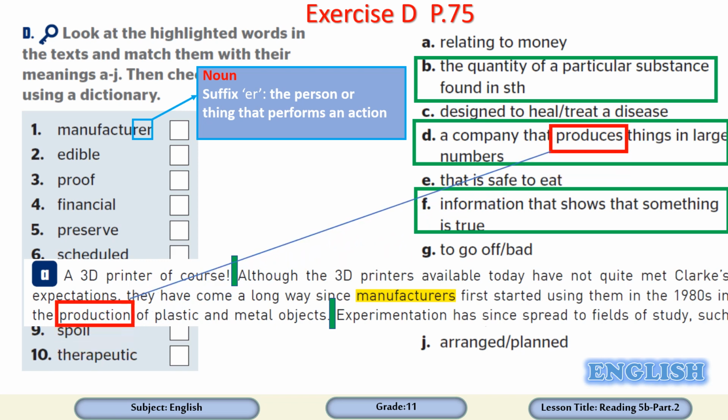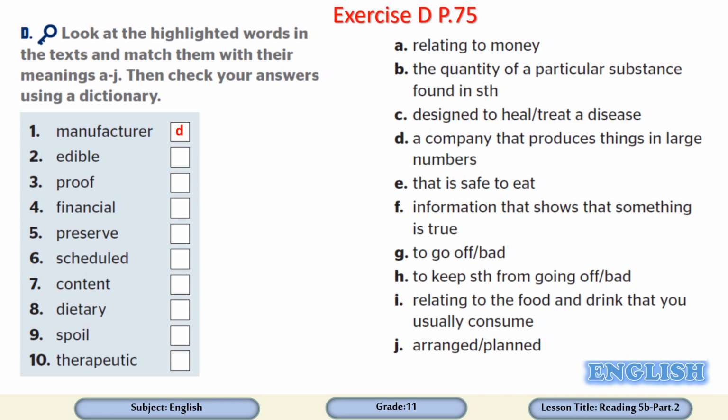Yes, very good. Definition D has the verb produces, and in the text we have production. So the answer for the first word will be D. Pause the video now and take some time to do the other examples.